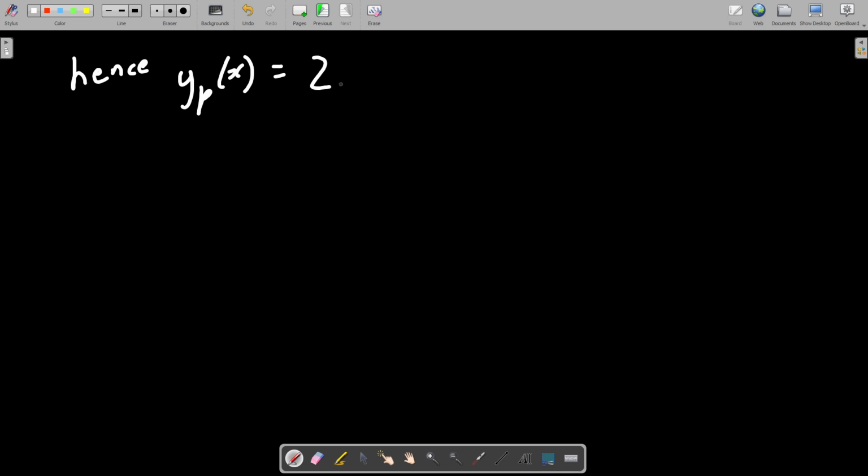Alpha we got equal to 2, beta we had equal to 4, and this we had got equal to 5. Okay. This is your particular integral.